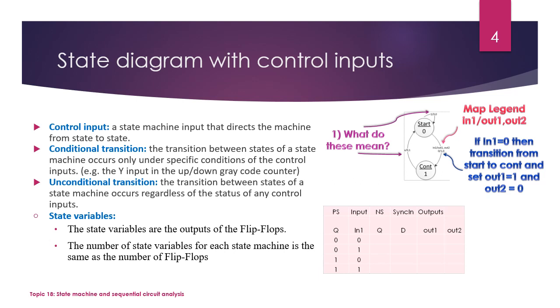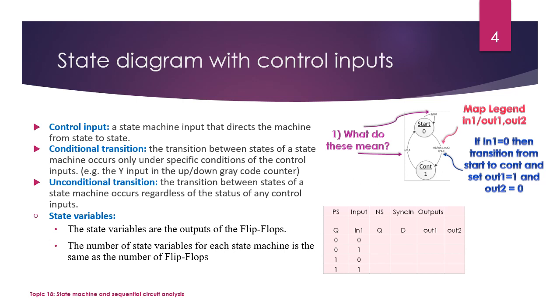A control input is an input to the state machine that helps direct the machine to make a transition from one state to another. Depending on how the state makes transitions, we have conditional transition or unconditional transition.